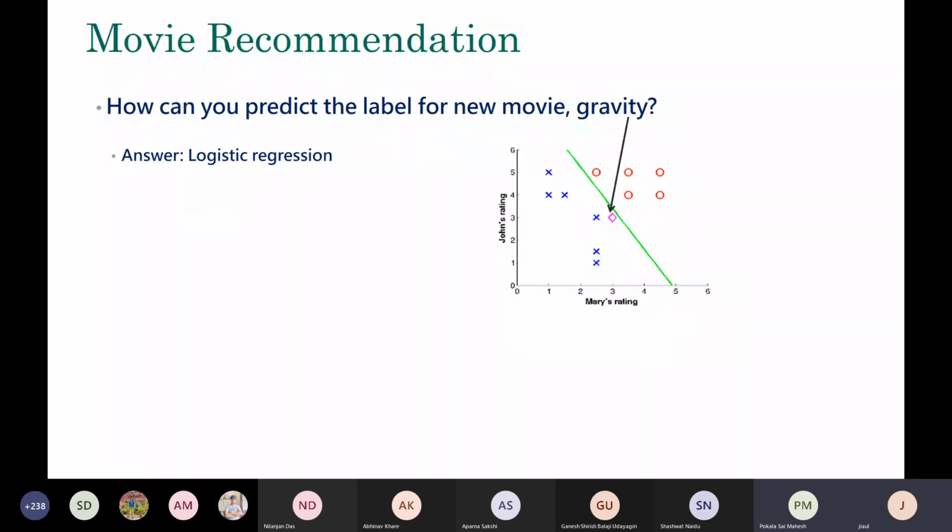As you know, standard logistic regression can model a linear decision boundary, and it is a two-class classification algorithm, yes or no, 0 or 1. So I can apply logistic regression for this task. Once I have this straight line ready, then using logistic regression, I can figure out whether the value for this pink box is close to 0 or close to 1.